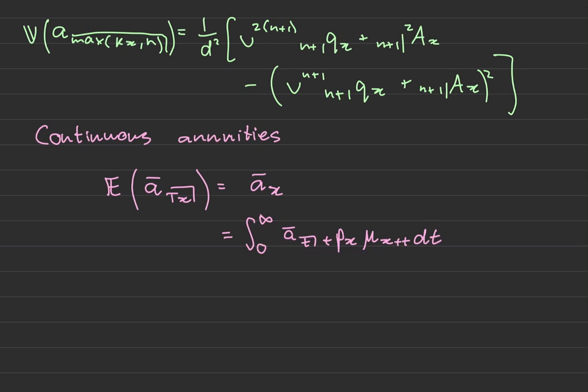The formula for expectation of some function of a random variable is that function of the random variable multiplied by the PDF integrated over its entire range for continuous random variables. So now I'm integrating over the range for Tx, which is 0 to infinity. This life can theoretically live forever, even though practically they can't. Multiplied, and I'm integrating a bar t, which is this function of the random variable, and this here, tpx mu x plus t, is the PDF of Tx. Okay, so that's the first way to understand it.